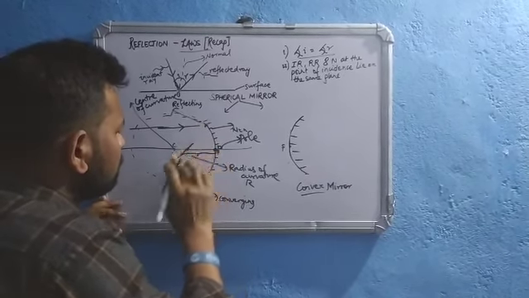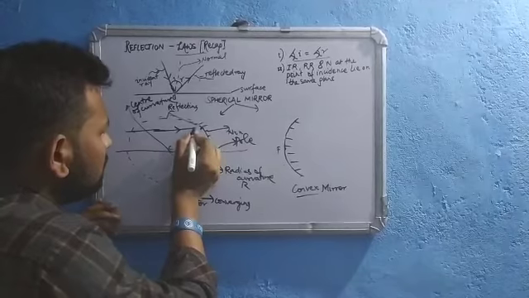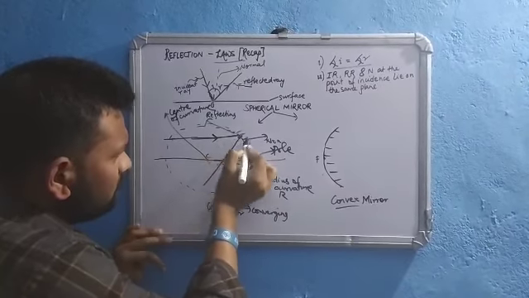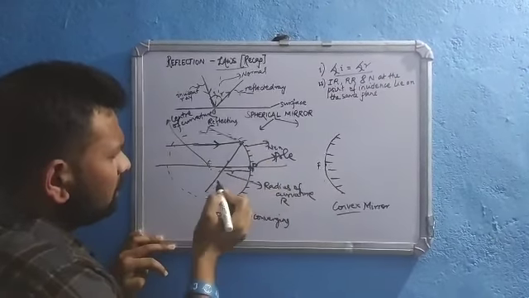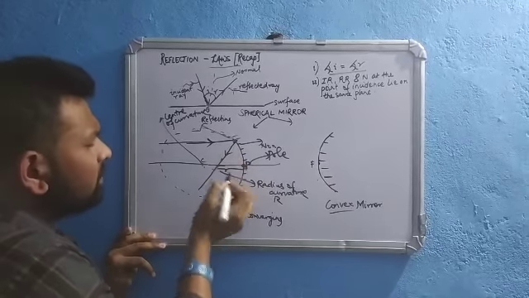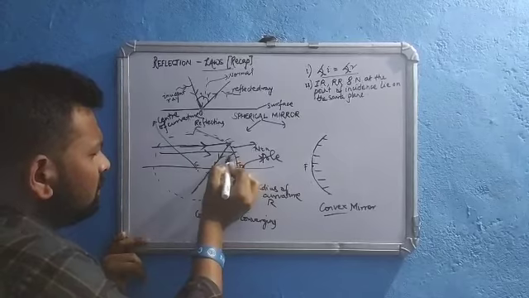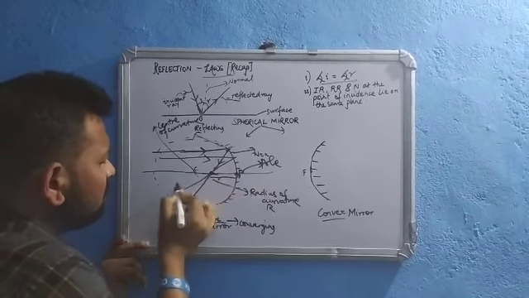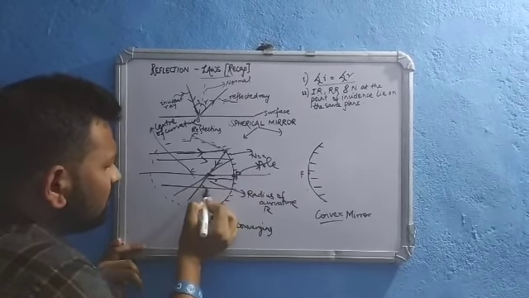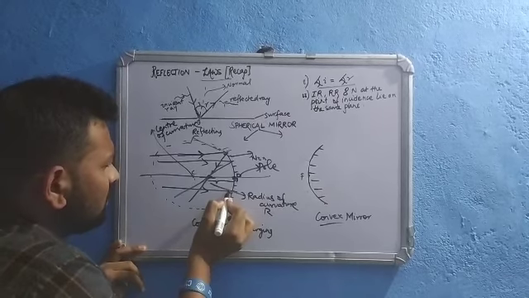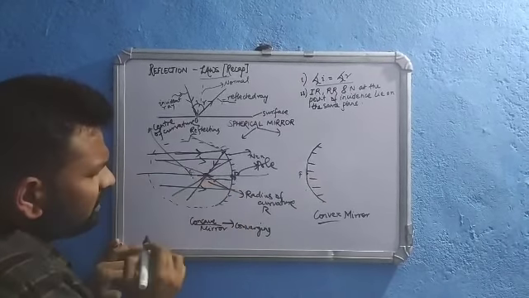My diagram is not so perfect, but still light is incident on the reflecting surface of the concave mirror. It gets converged towards a point. Okay, for example, here you can see it is getting converged. A light ray is coming from here, it will get converged at this point. Are you understanding?